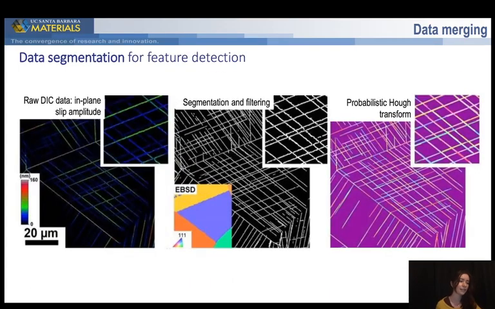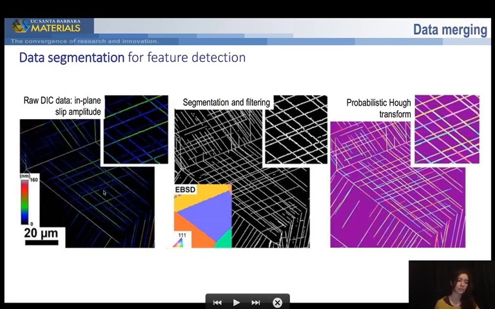And finally, we need to segment the individual slip bands, as raw DIC data is basically just images with different pixel values. So the human eye might see that this is an actual slip band, but for the imaging software that we use, these are just pixel values. In our case, one advantage of the discontinuity tolerant DIC code that we use is that the maps we obtain are relatively easy to segment.